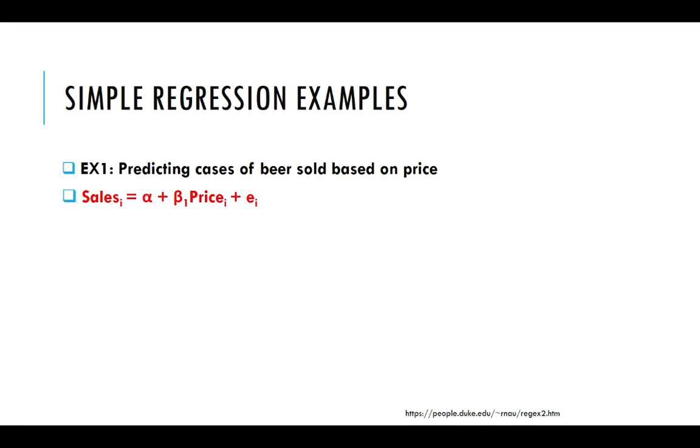That gives us an equation like this. Sales is a function of price, right? Sales equals alpha plus beta price plus our error term. Note the subscript i, which is telling us that we have independent observations, and each one of those has a subscript i.